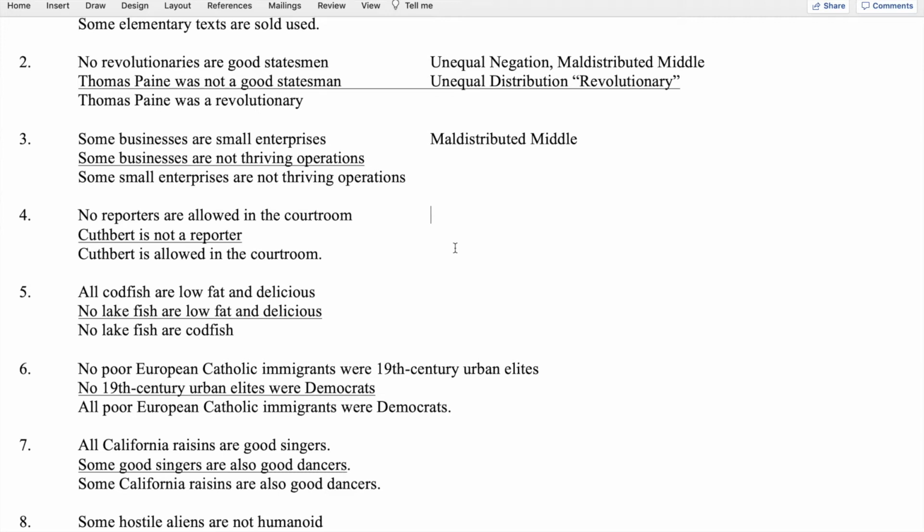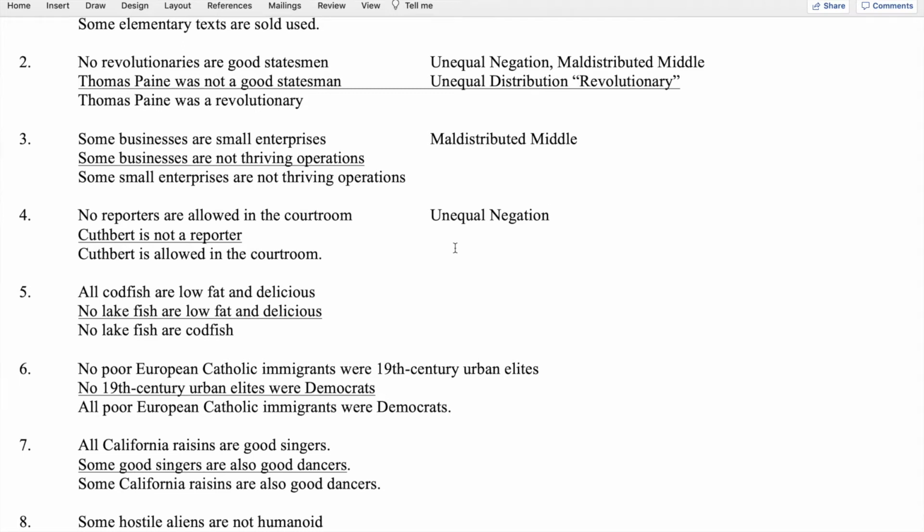And so then we can apply the rules of inference, and we note right away that we have 2 negative premises, and that tells us that we have unequal negation because we have an affirmative conclusion, but the number of negative premises must equal the number of negative conclusions.